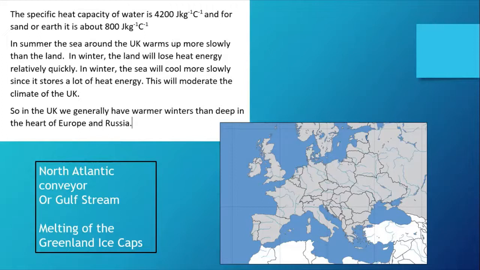It'd be interesting, or perhaps not so interesting, to see what the effects of recent research would be of the melting of the Greenland ice caps on the North Atlantic Conveyor. It could have an absolutely disastrous effect on our climate.